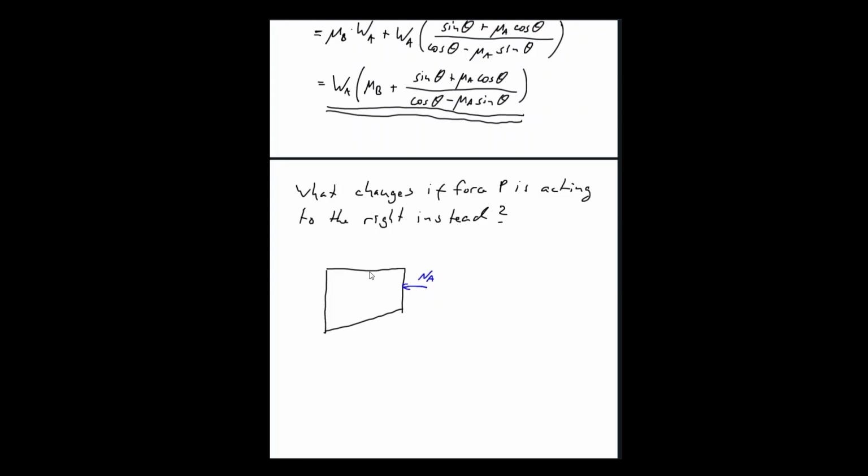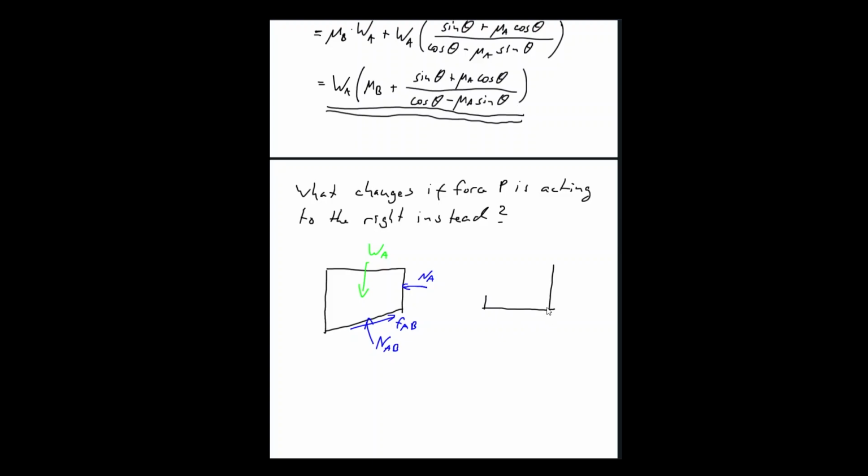Our WA, of course, is still pointing downwards. We don't have a force there because it's pulling away. Then we'll have our NAB, that's not changing, and we said that our friction force is going the other direction, right? Because now all the movements are going in the opposite direction. So that'd be here.